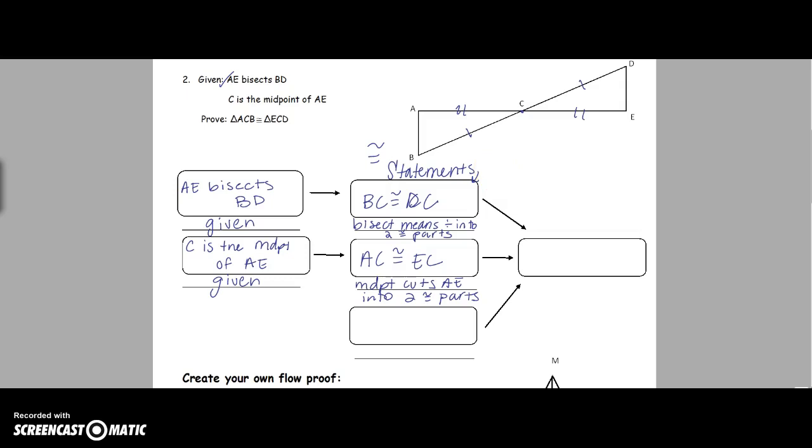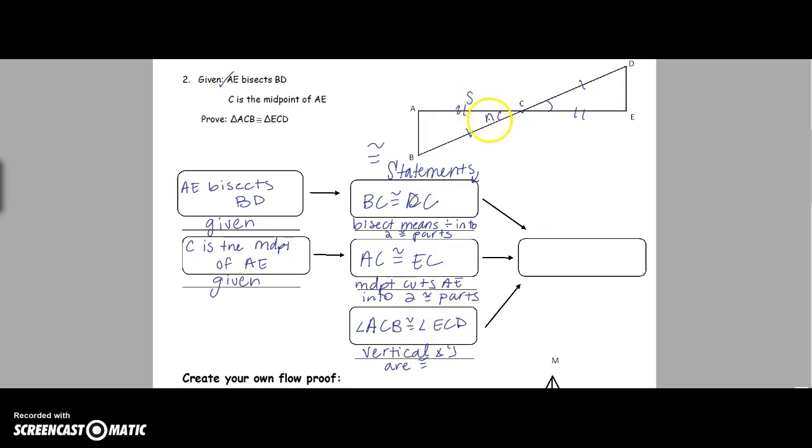But we are missing one thing. We are missing vertical angles. Let's name those vertical angles. Angle ACB is congruent to angle ECD. And the reason behind that is vertical angles are congruent. Now, you have three congruency statements.